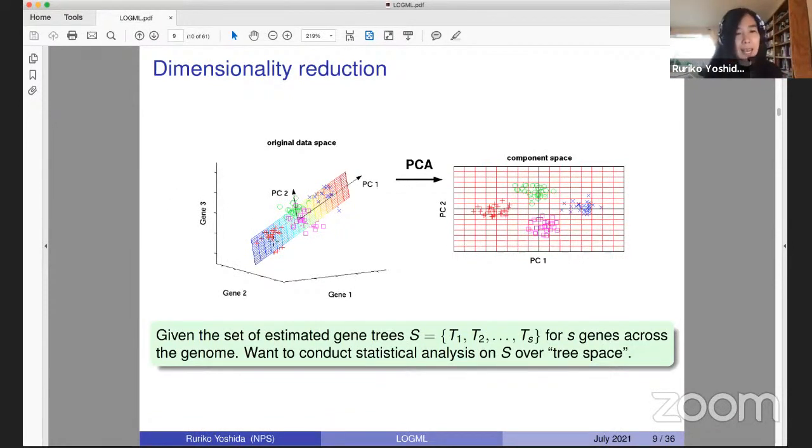This is a picture of PC1 and PC2 over the three-dimensional data. Basically, we can reduce the dimension from three-dimensional data points to two-dimensional.